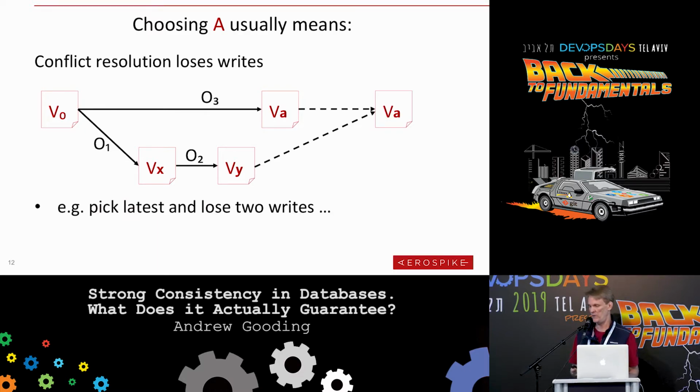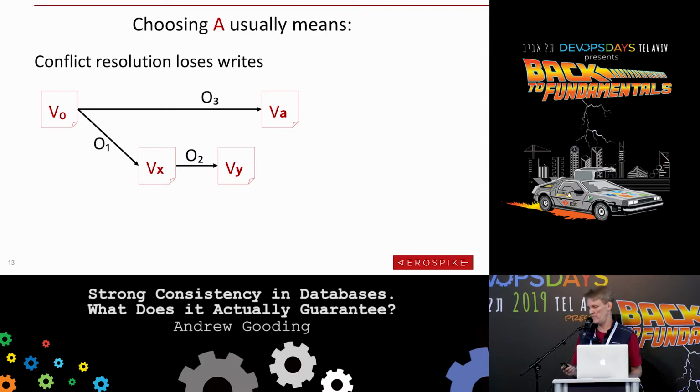For example, you can just pick the latest one. In this case, that means you lose two writes, Vx and Vy. Or maybe you have a policy where you pick the one with the most history, which in this case means you might lose the latest one. But either way, you're losing something there.